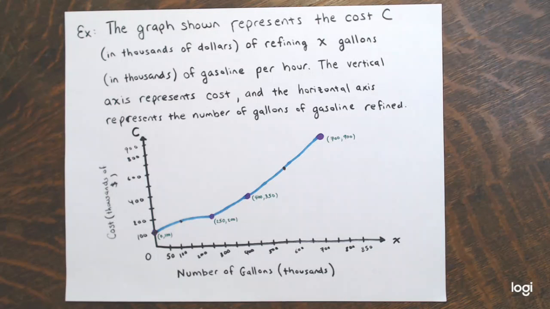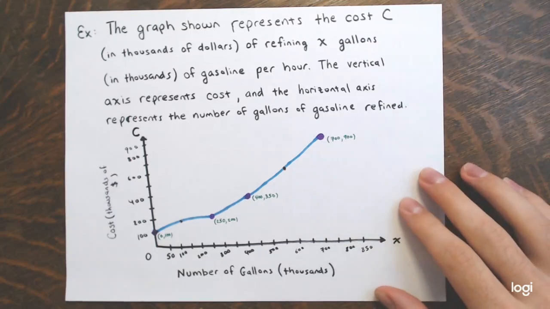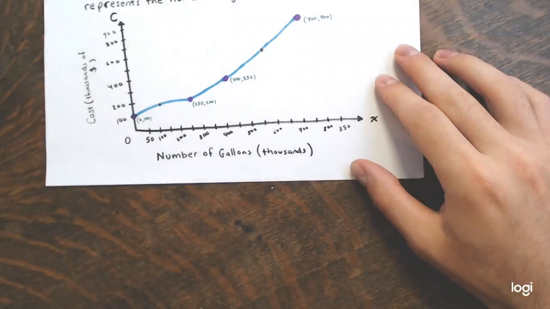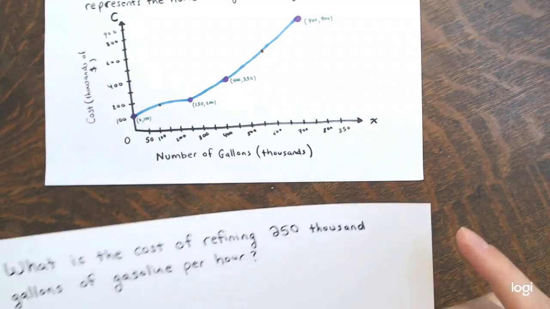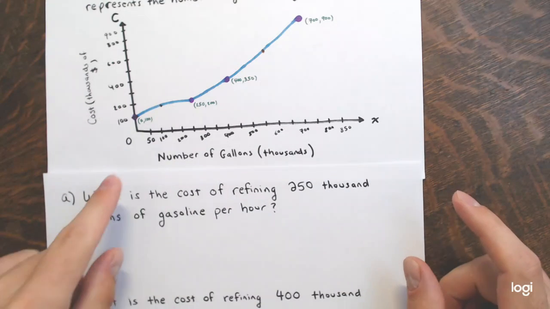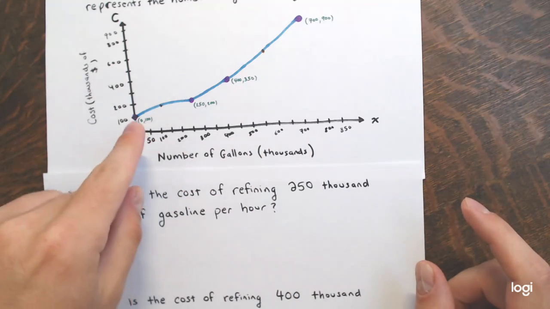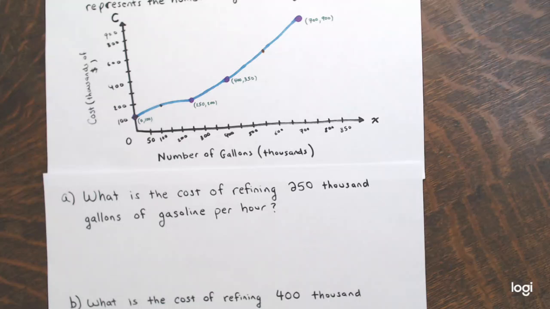There's all sorts of ways to interpret. Lots of questions you could be asked when given a graph. And I have just four such questions about this graph here. So again, properly labeled, points labeled, axes labeled, markings on the axes are consistent. All features of a good graph.